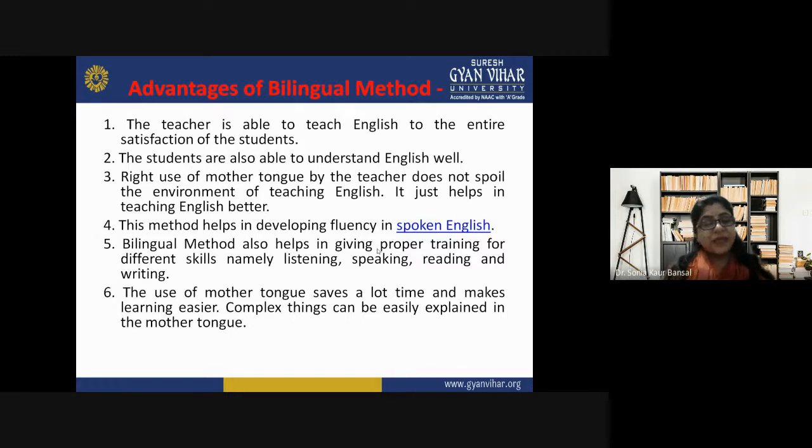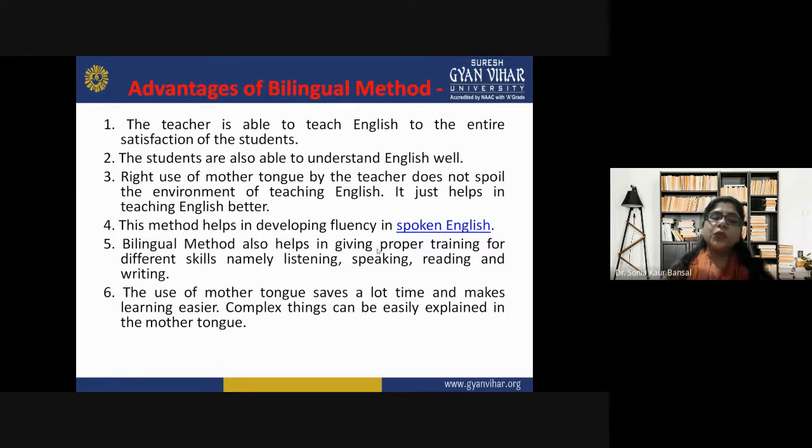But in that case, if the brilliant IQ student is learning the target language very fast, then we cannot say as a teacher that okay, we can move forward and neglect those average IQ students and low IQ students. So in that case, English is taught by using the bilingual method to make their understanding more effective. So satisfaction of the entire class of students is very, very important.